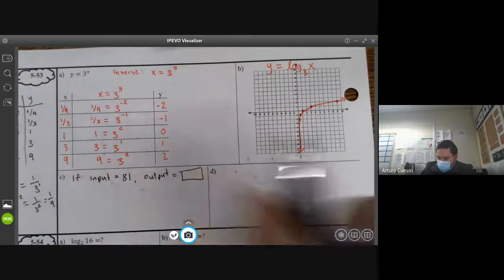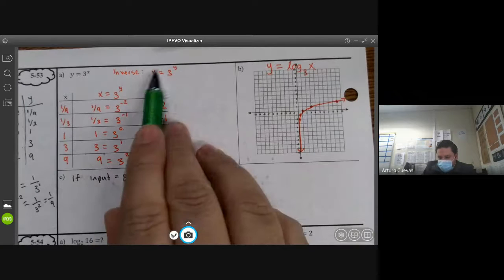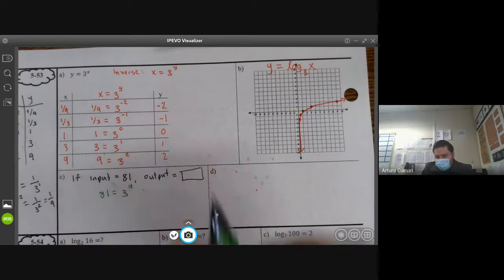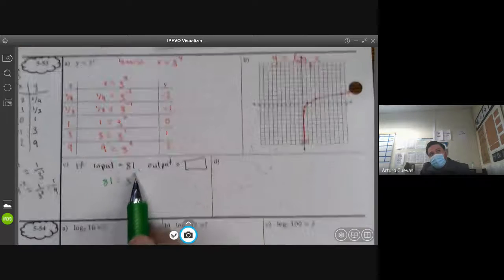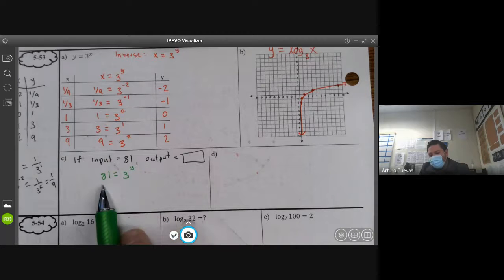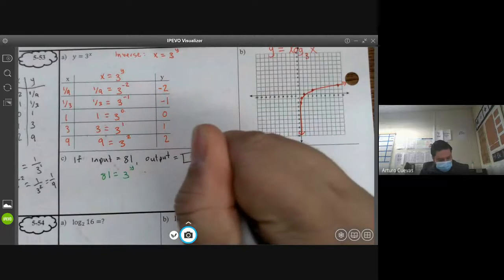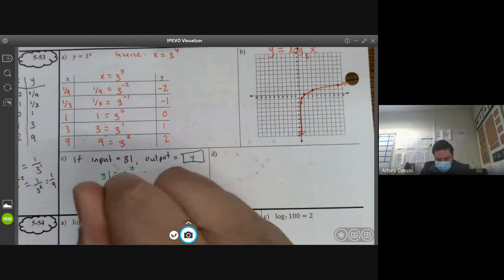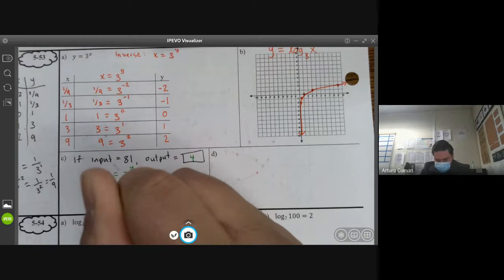Let me say that again. If x is 81, we're trying to figure out the output, y. 3 to what power gives you 81? Say 4, right? 3 to what power gives you 81? The answer is 4. Y equals 4.